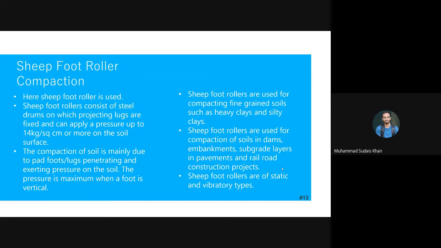So the compaction of soil in this case is mainly due to these lugs penetrating inside the soil, and in those contact regions maximum pressure is applied. Sheep foot rollers are used in case of fine-grained soils. So whenever we have a scenario of fine-grained soils, such as in embankments, dams, etc., we will go for the sheep foot rollers. Sheep foot rollers can again be either static or vibratory.